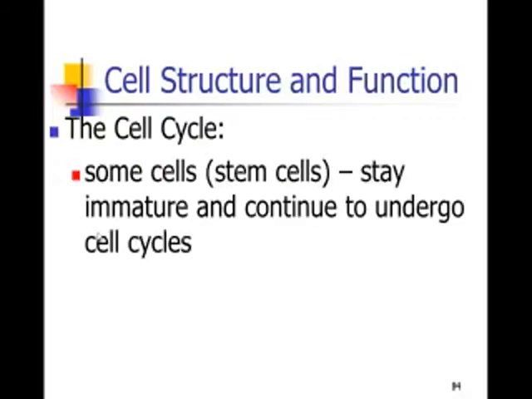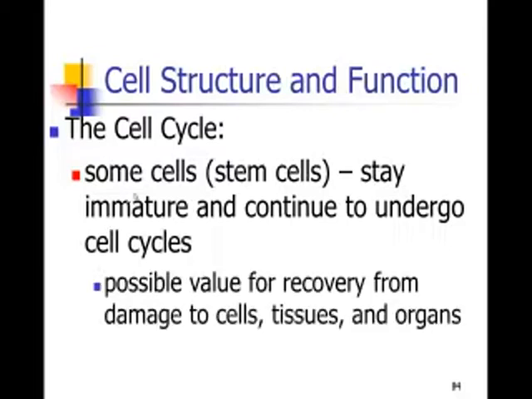Other cells stay in sort of a primordial state, a very undefined or not specialized state, and these are essentially immature cells. It's like stem cells, and they continue to undergo cell cycles for an indefinite amount of time.